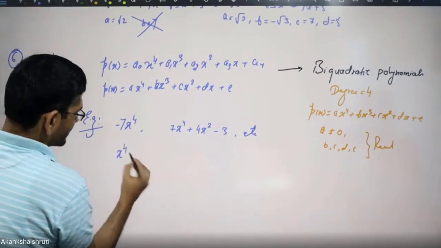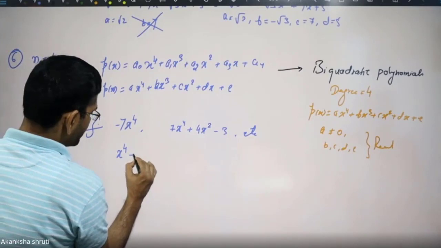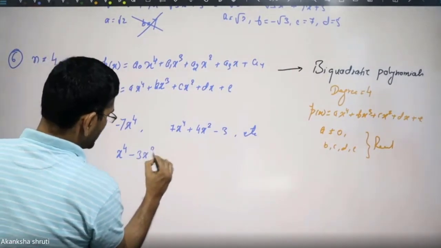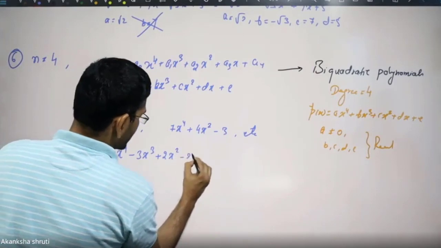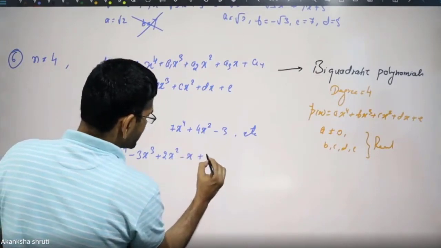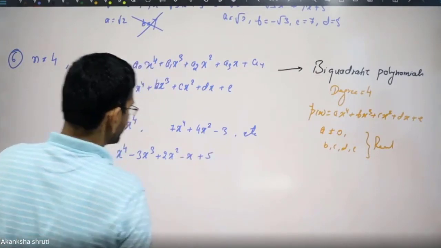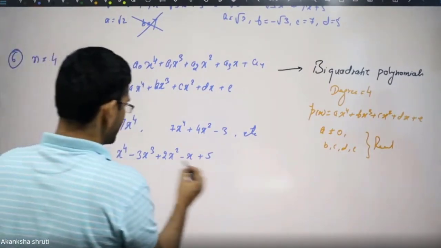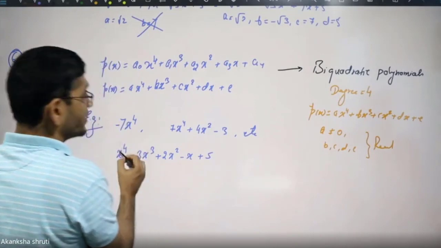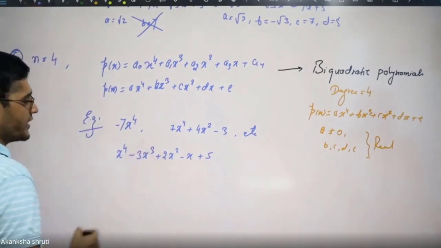Say let me take one more example. x to the power 4 minus 3x cube plus 2x square minus x plus 5. So here x to the power 4 means it is the biquadratic.